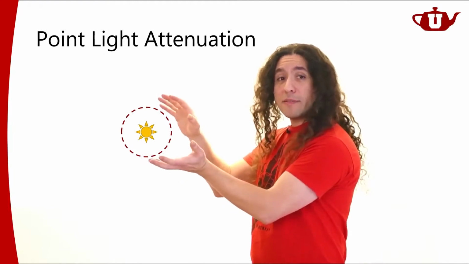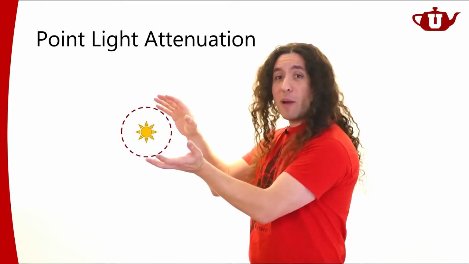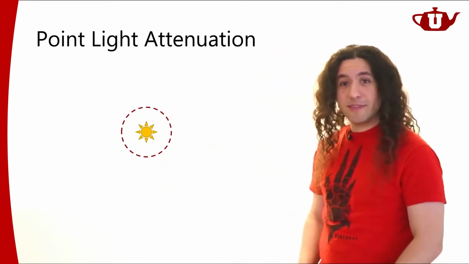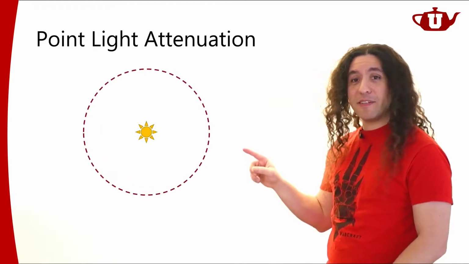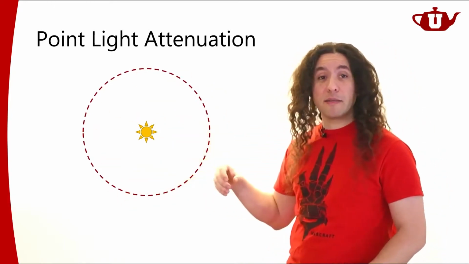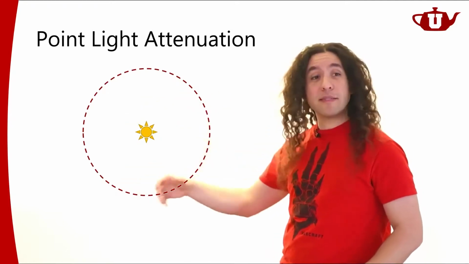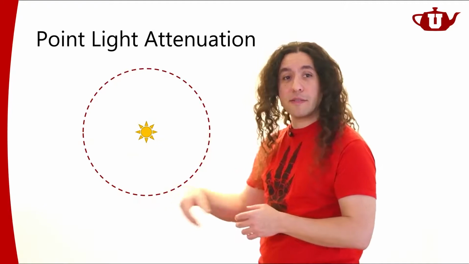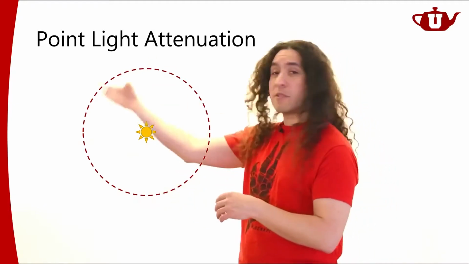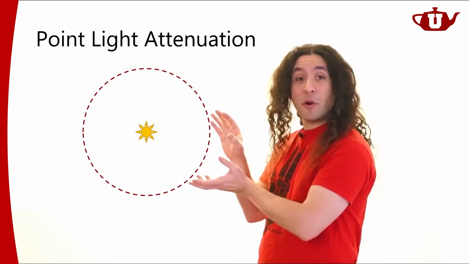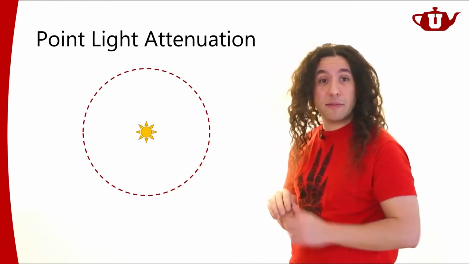What happens if I make this sphere larger? If I enlarge this sphere, I'm still going to get the same amount of total light. But now this light is distributed onto a larger surface, right? Because it's distributed onto a larger surface, I'm going to be getting less light per unit area, right?